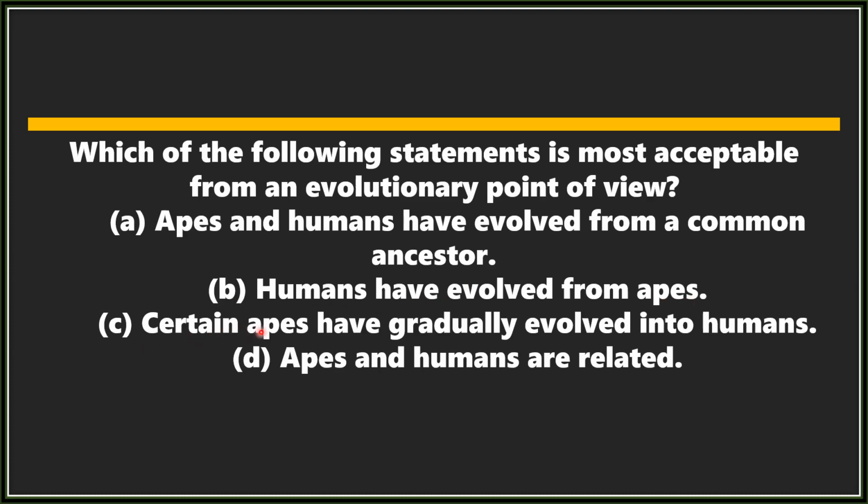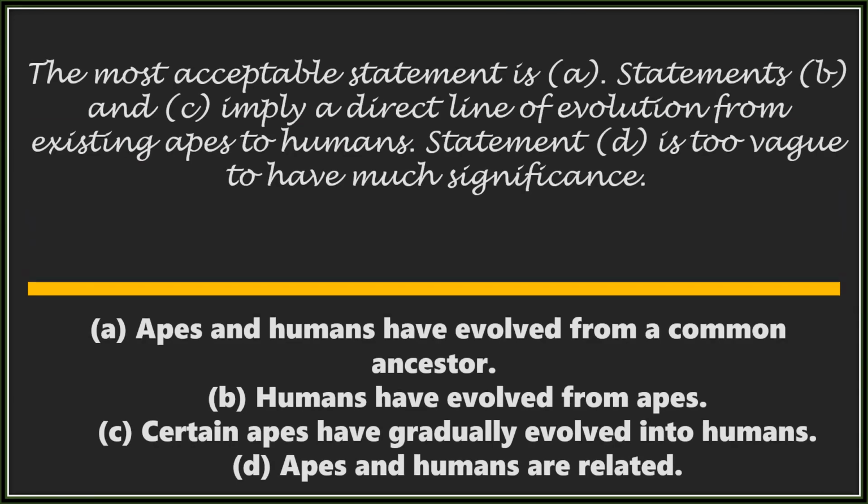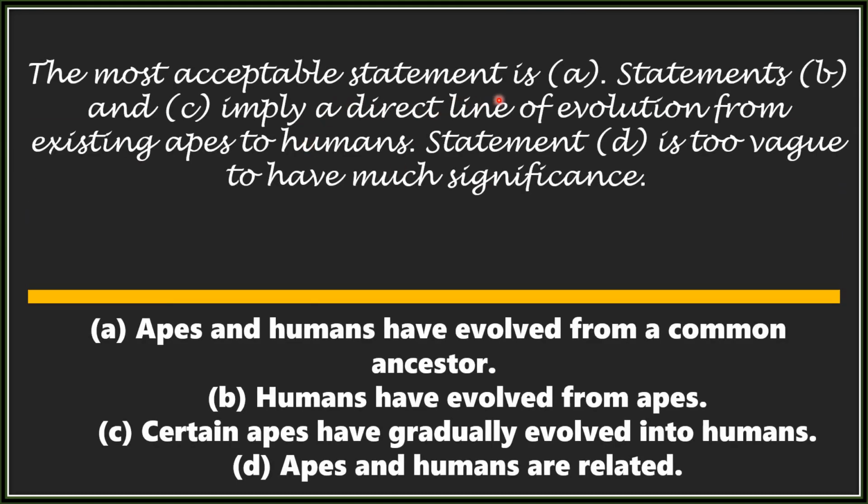C. Certain apes have gradually evolved into humans. D. Apes and humans are related. The most acceptable statement is A. Apes and humans have evolved from a common ancestor.